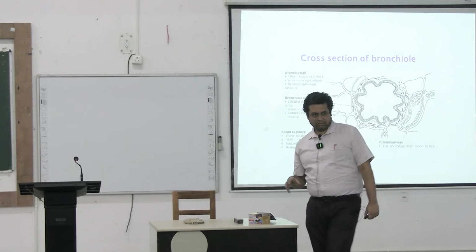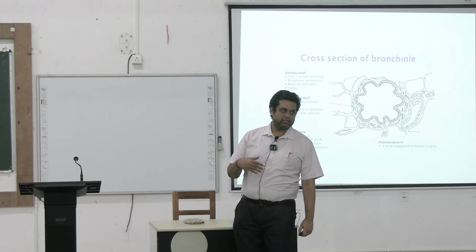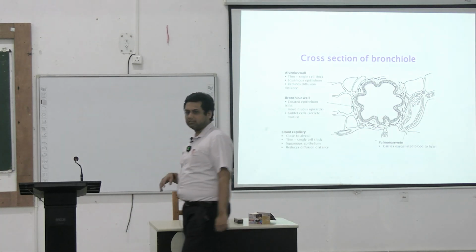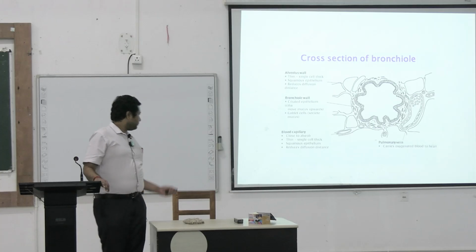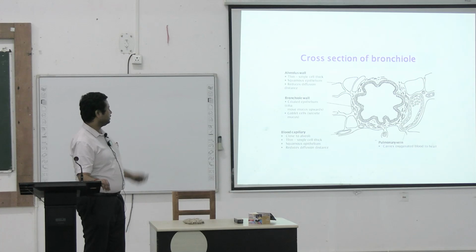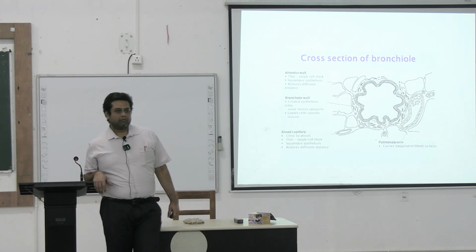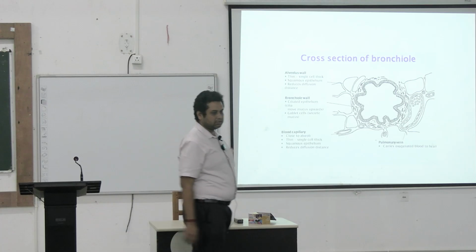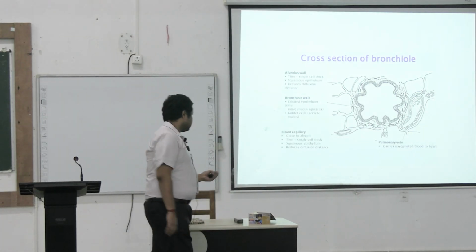Because there is secretion of mucus that has to be cleared out, and this ciliary epithelium clears the mucus. Then you can see that the wall is thin. Alongside the wall there are blood vessels where the exchange of gases takes place. So these are terminal bronchioles.